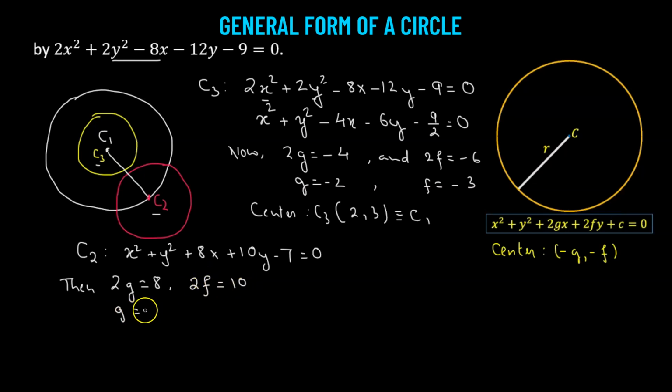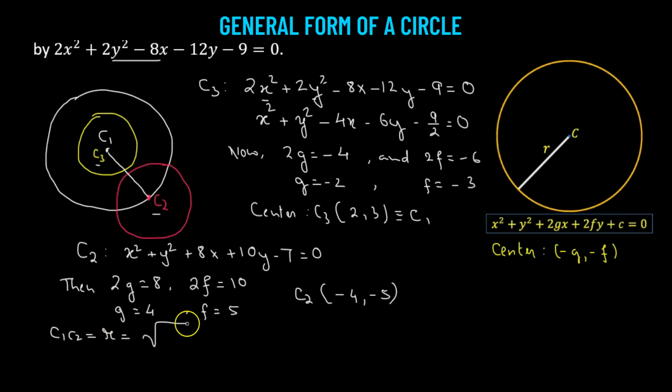So g will be 4 and f will be 5. So the coordinates of center C2 are going to be (negative 4, negative 5). Now we have obtained the coordinates of center C1 and center C2, so we can join C1 and C2. That gives us the radius.